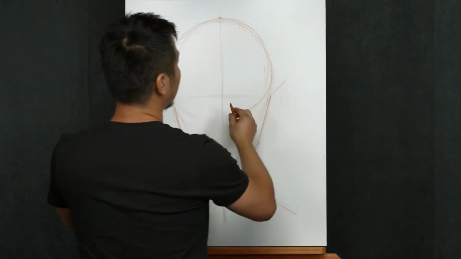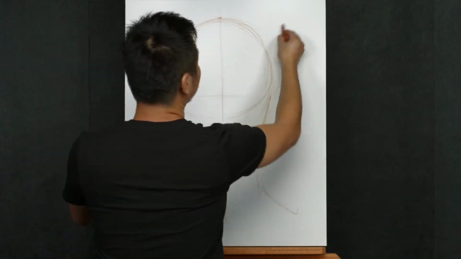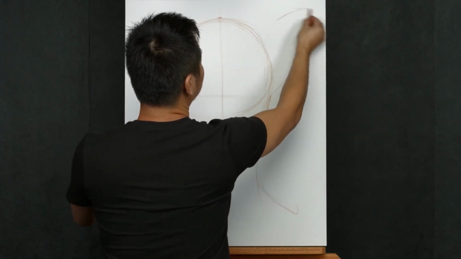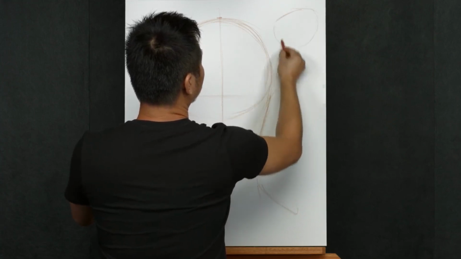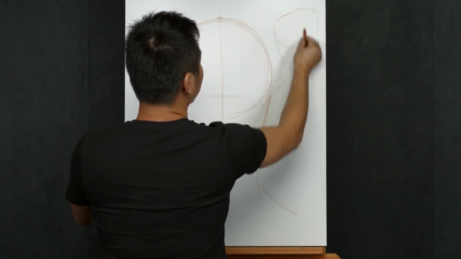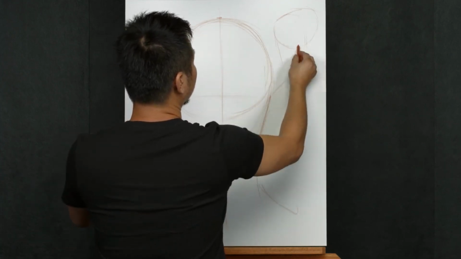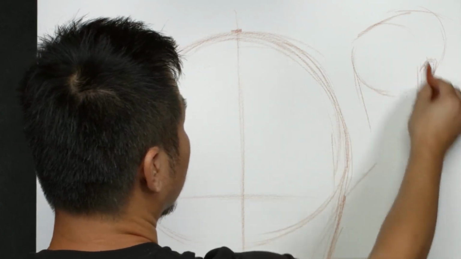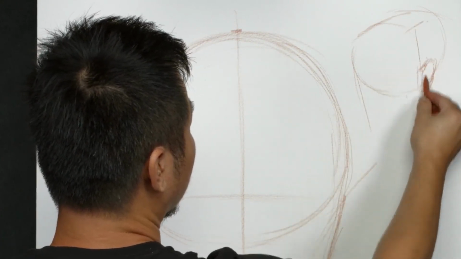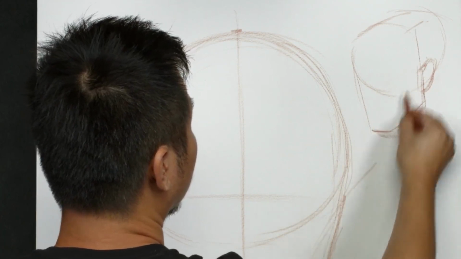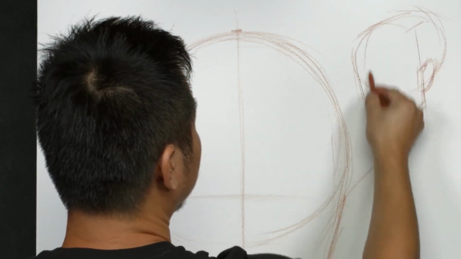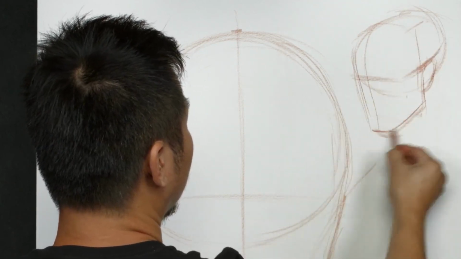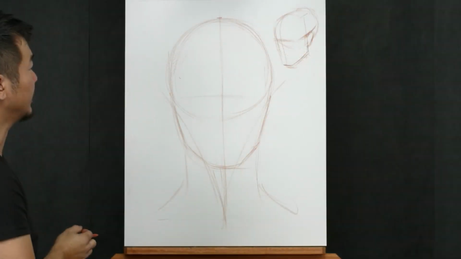And for example, if I'm going to do, let's say, a view looking from above, by knowing where that ear is, somewhere, like I said, in the middle of the head, it helps to set that whole structure of the head down pretty nicely.